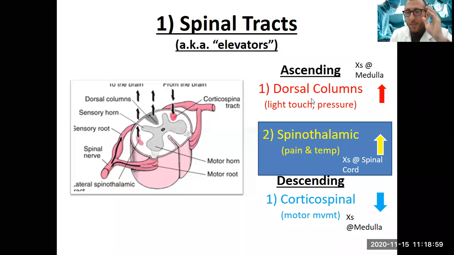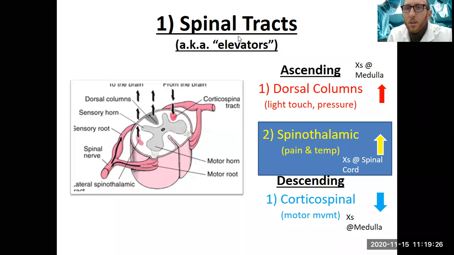All right, take a break if you need to. Try to let that all soak in, because we're going to shift gears a little bit and talk about how you travel vertically, up or down on the spinal cord. And the way that you do that is on what are called spinal tracts. So outside of the gray matter in the spinal cord, there are different spinal tracts.